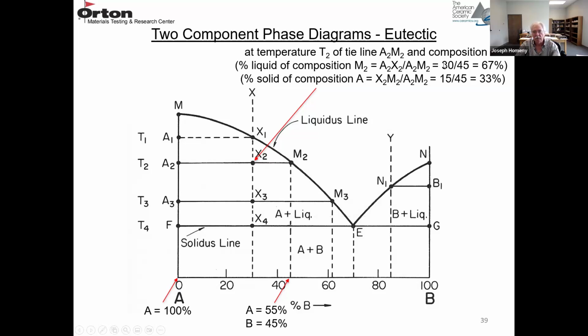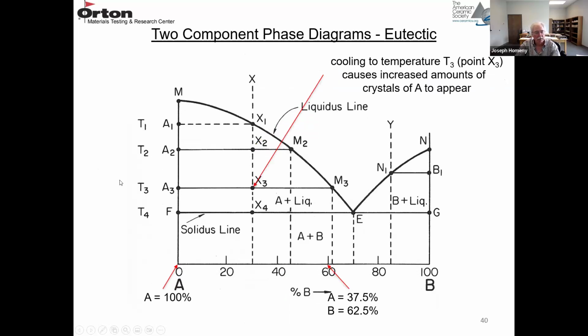So at this point, there's 67% liquid present. And then the solid percentage is X2 M2 over A2 M2, which is 15% over the total of 45%. So 15 over 45 is 33%. So right here, we have 67% liquid of this composition and 33% solid of composition A.